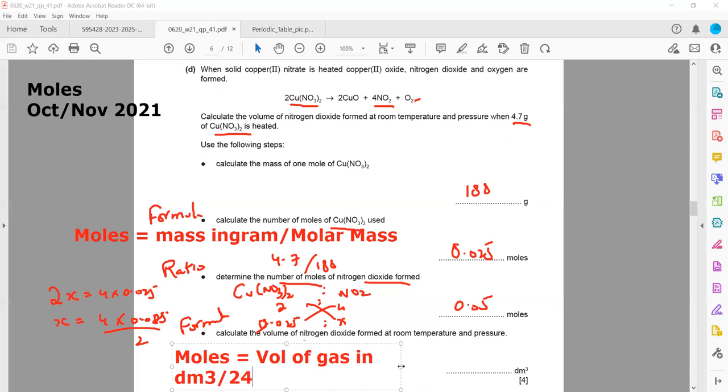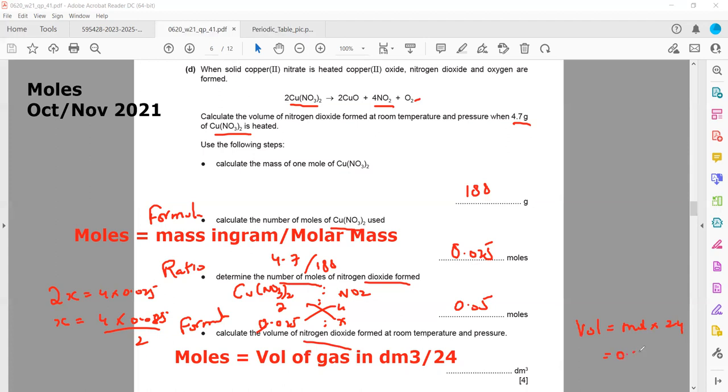That's the formula. But we need the volume, so it will be moles multiplied by 24, because 24 is divided, on the other side it will be multiplied.